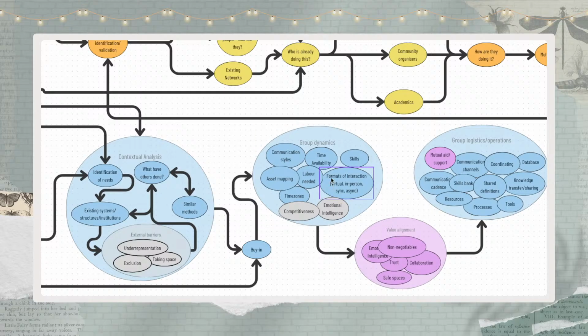So understanding things like what different communication styles are present, what skills are present within the group, what assets, what the availability of people's time is, because in order to create a realistic project, one has to understand not only what labor needs to be put into it, but also what people are able to put into a new effort.